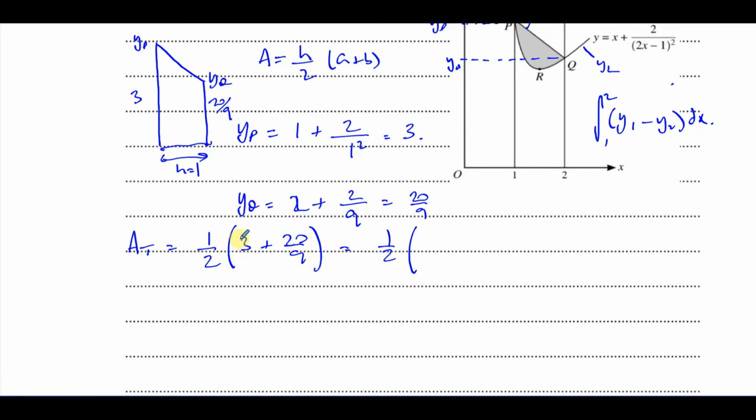I need to make the 3 over 9, so that's times 9: 27 over 9 plus 20 over 9, which is 47 over 9. Is that right? Okay, so that gives you 47 over 18. That's the area of the trapezium.